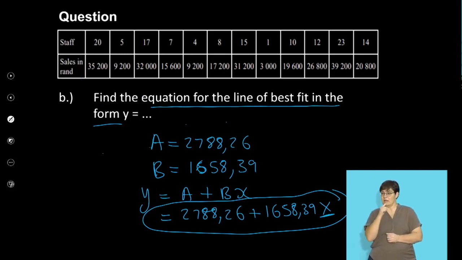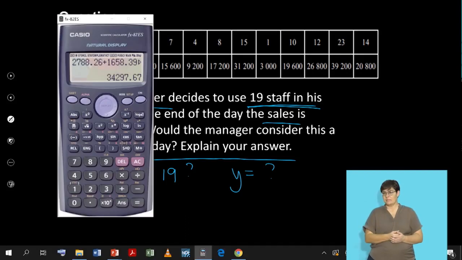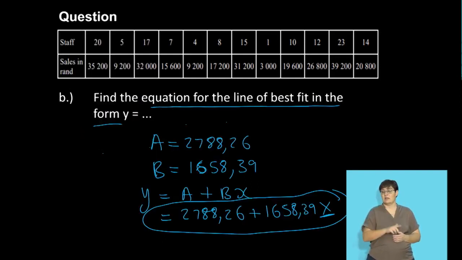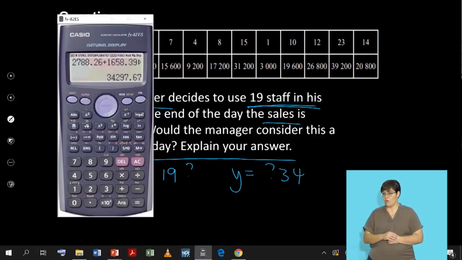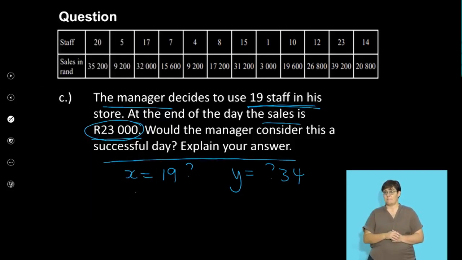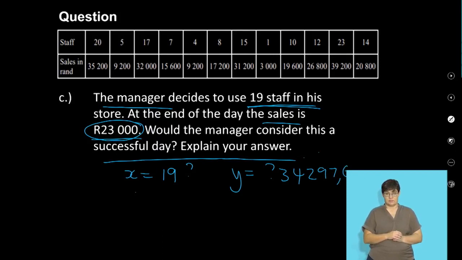But now, the manager used 19 and got 23,000. And what do we get? We get 34,297.67.